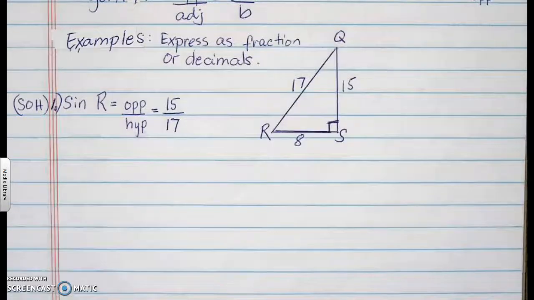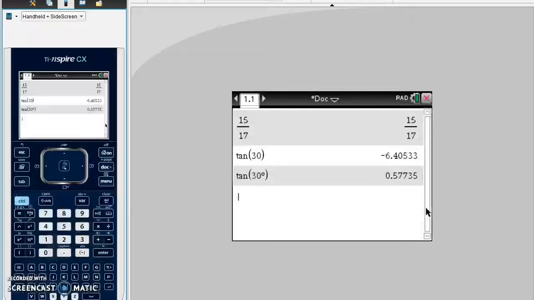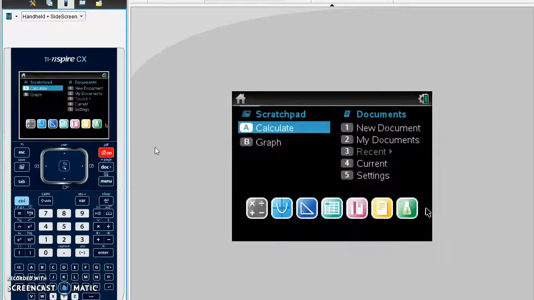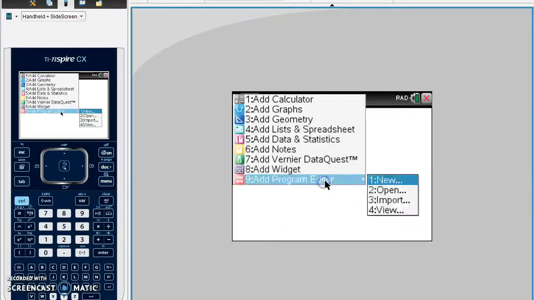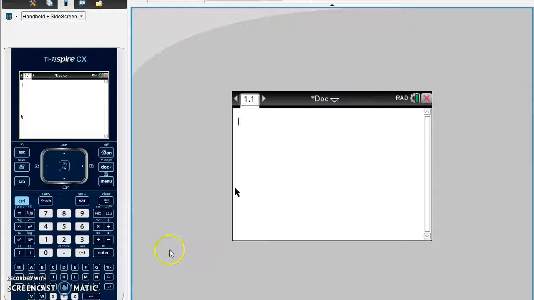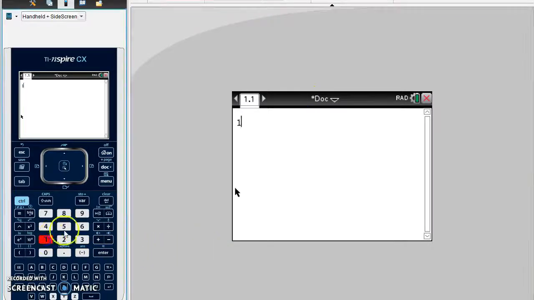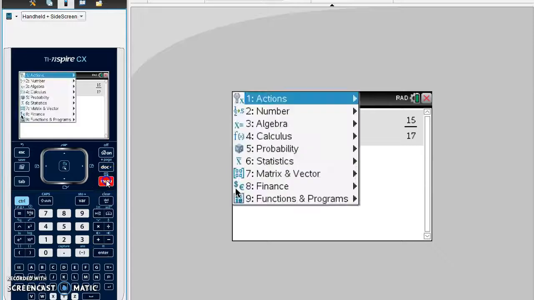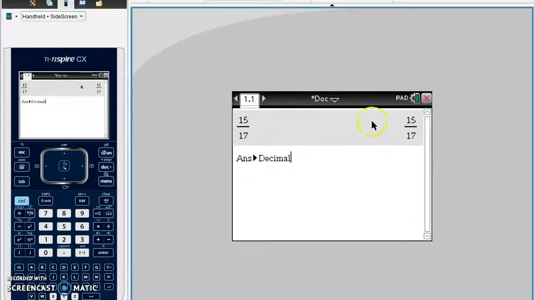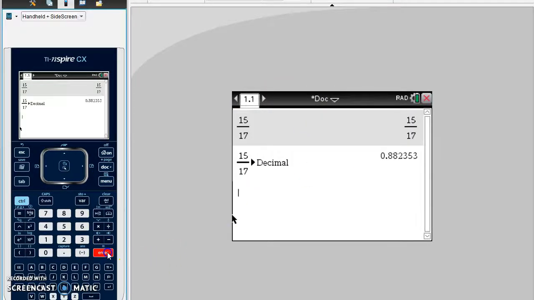Therefore, we will go to our calculator. And we are going to get a new document and type in 15 divided by 17. And that is, let's go and make it into a decimal, and your answer is 0.88.